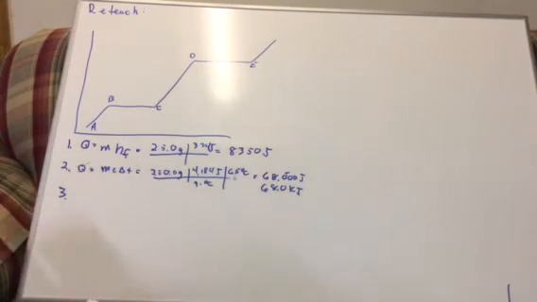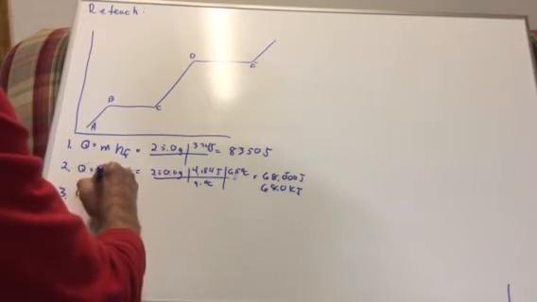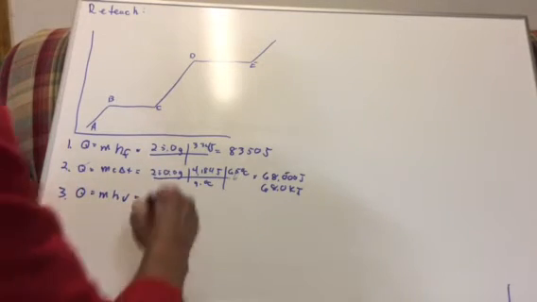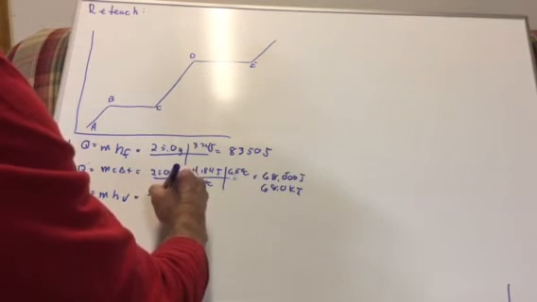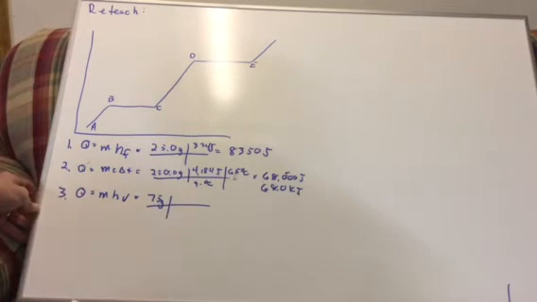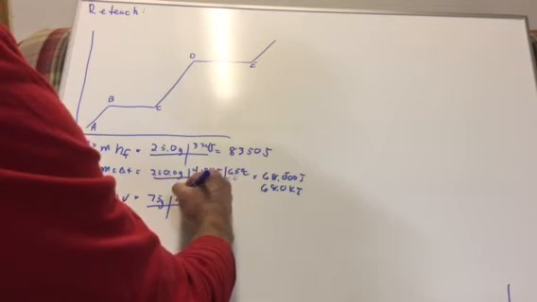On number 3, Q equals mH of V, and you have 75 grams, and you're looking with aluminum, and you'll see that I gave you the data table up there.